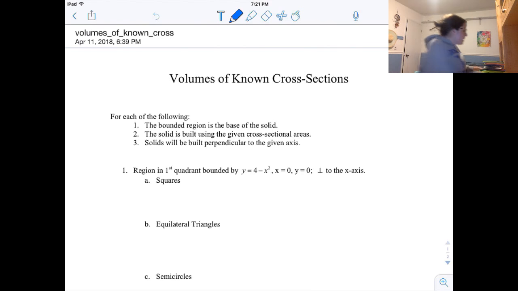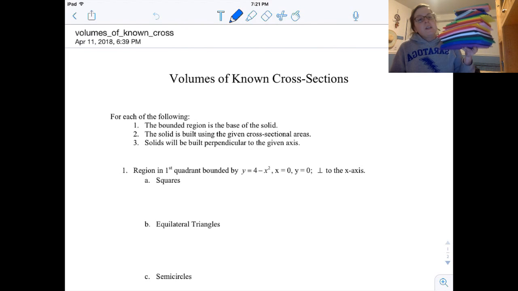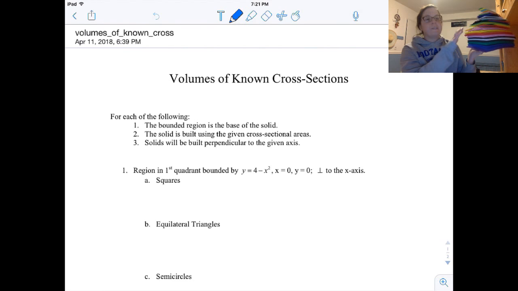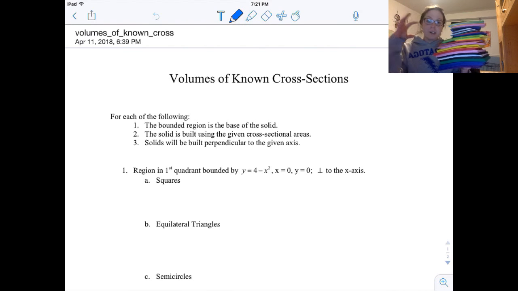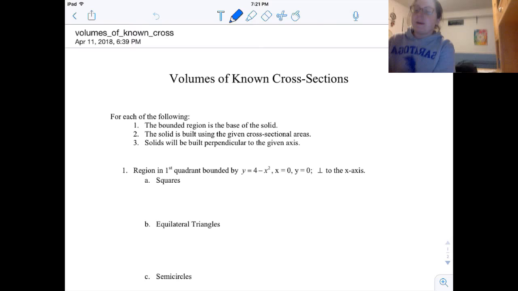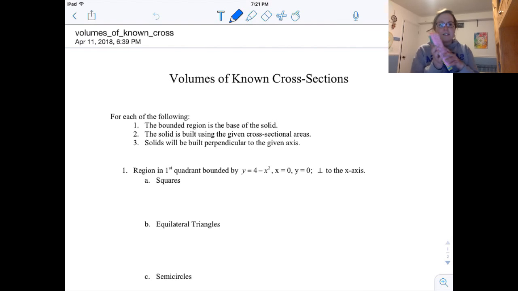If I took some weird funky shape like this, now this is not pretty, but it's a solid. The cross sections here change. We start with these smaller ones here, and we've got different sized ones here. But I could still calculate the volume of this using the same idea: the volume would be each of these areas accumulated over a given interval.